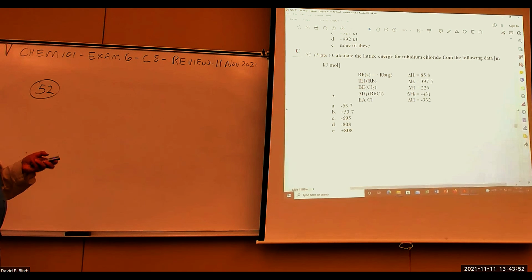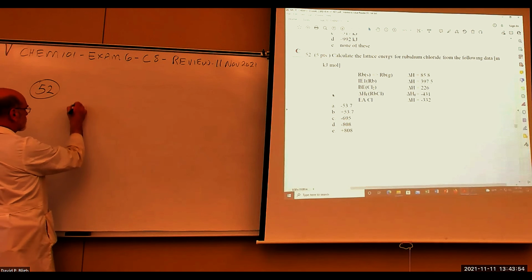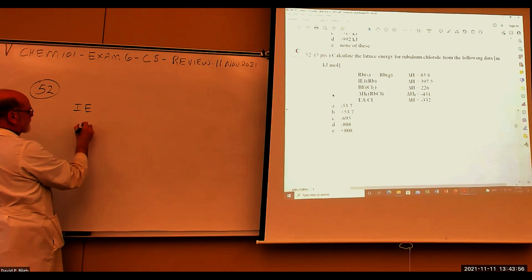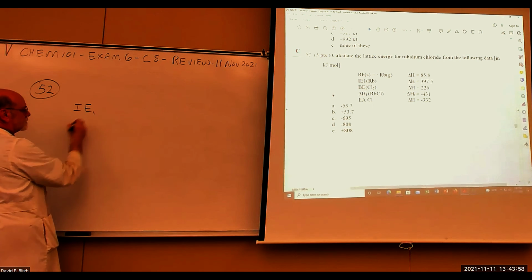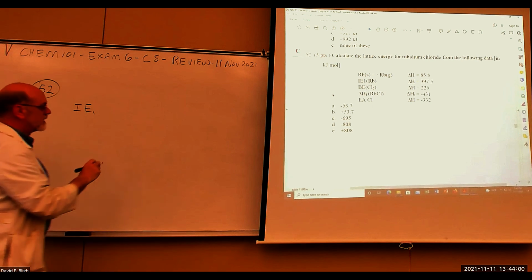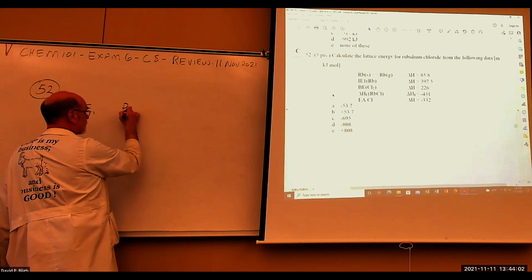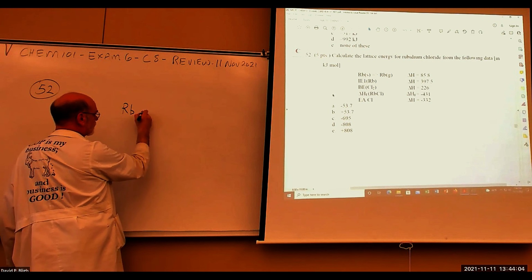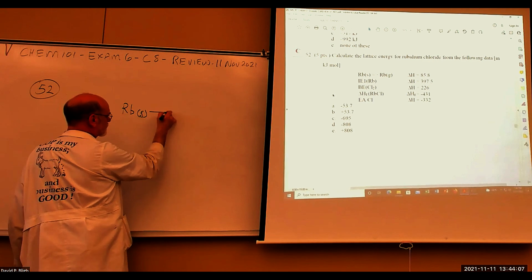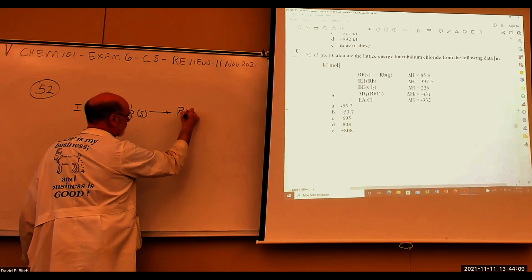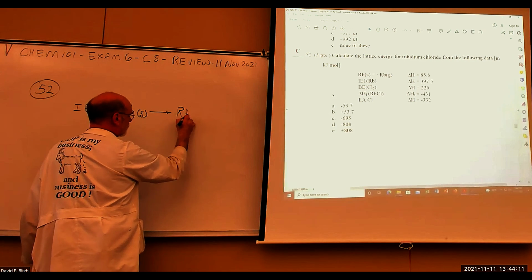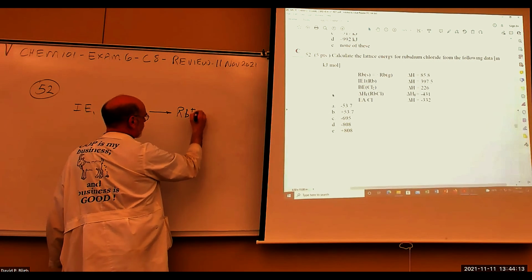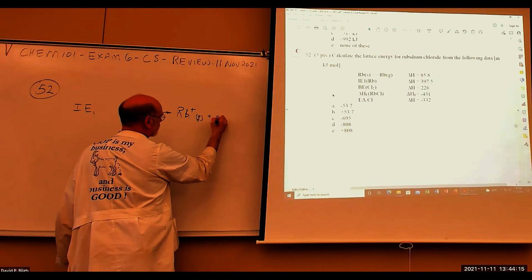This one, IE1, is ionization energy, the first ionization energy for rubidium. So what would that mean? That would be rubidium gas yields rubidium ion gas plus an electron.